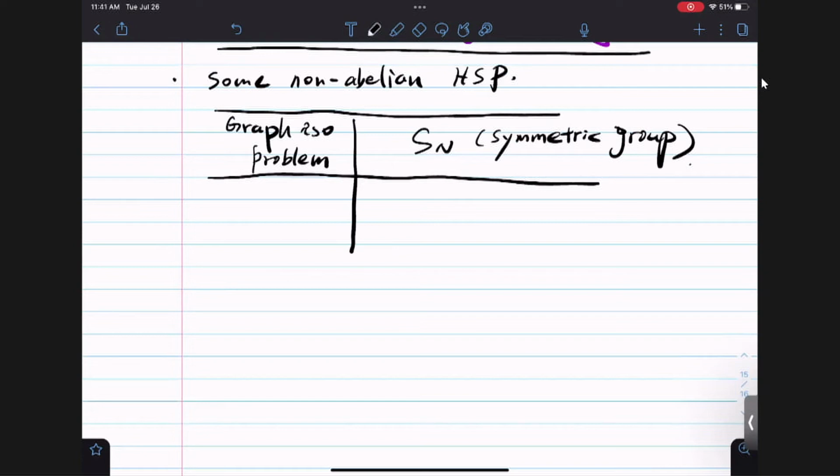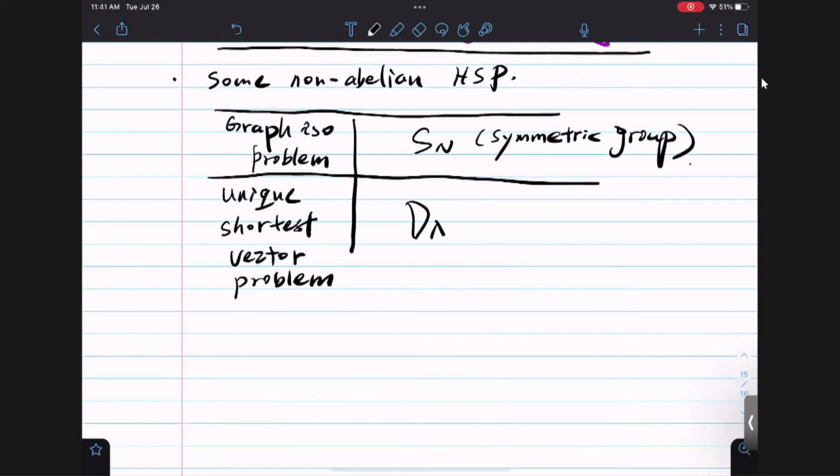And another example which is interesting to this audience is the unique shortest vector problem, which is an important problem in lattice crypto. This is related to HSP over the dihedral group.